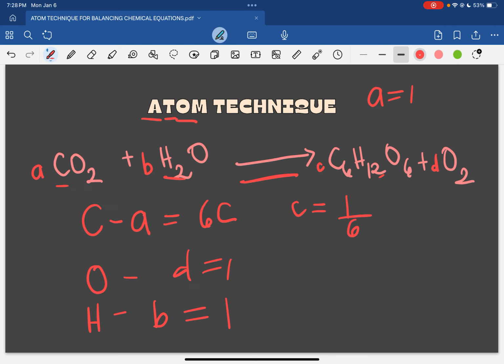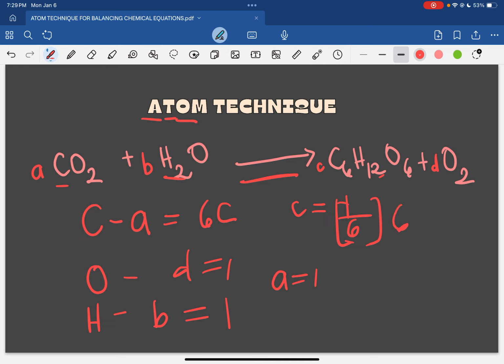Now, one rule that you must remember is that numerical coefficients cannot be in a fraction form. It must be a whole number. So in order to make the value of these coefficients into whole numbers, we're going to multiply them by the denominator of value C. Because if you multiply this by 6, it will already become a whole number.